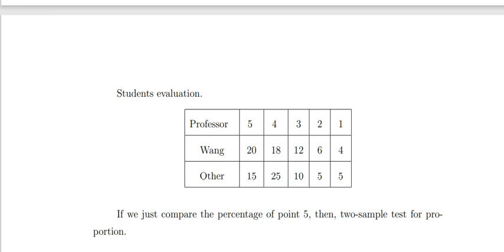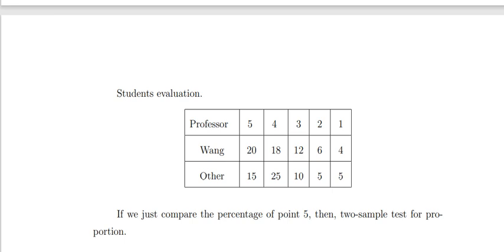We split it into 5 categories. We use those numbers as points. So 5 means very good, 1 means not good, 3 is in between, 4 is quite good, 5 is really good, 4 is good, 3 is average, right? Suppose I got the result that 20 give me 5 points, 18 give me 4 points, like that.